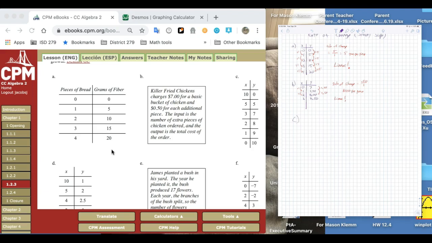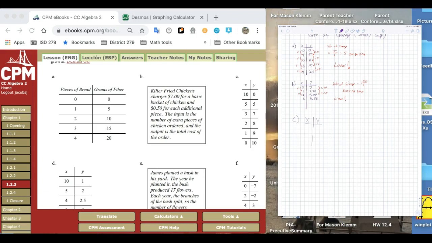All right, so in part C, we have a T table with 10 and 0, and 5 and 5, and then 3 and 7, and 2 and 8. And if we try and look at our rate of change, here we're going up by 5, and here we're going up by 2.